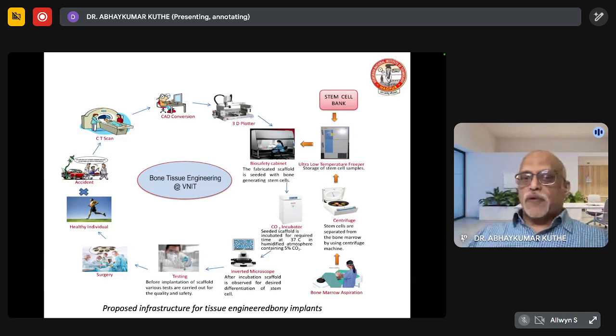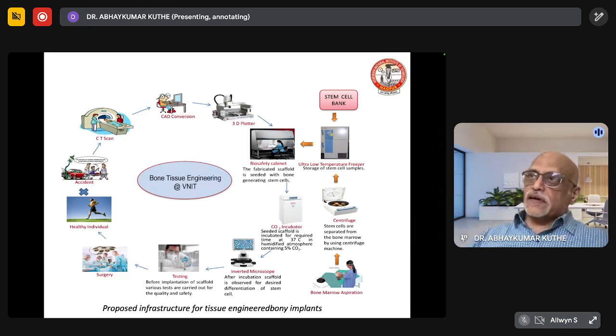This 3D bioplotter develops the scaffold. In that scaffold, if you now put these stem cells, you will find that slowly they start proliferating. Finally, it will be possible for us to get a scaffold loaded with bony cells. And that will serve as a very interesting solution for the metallic implant.